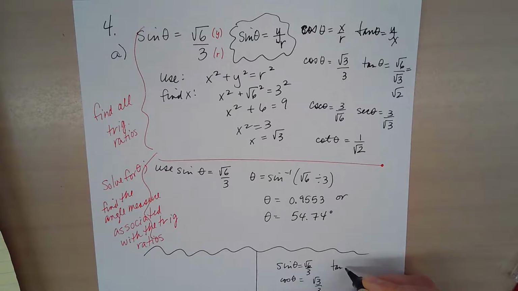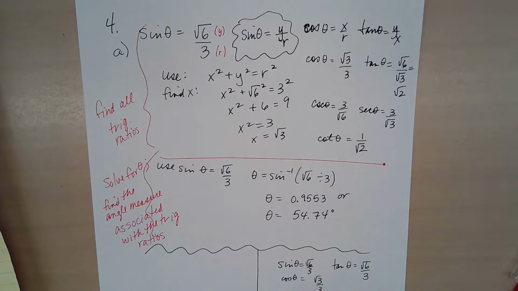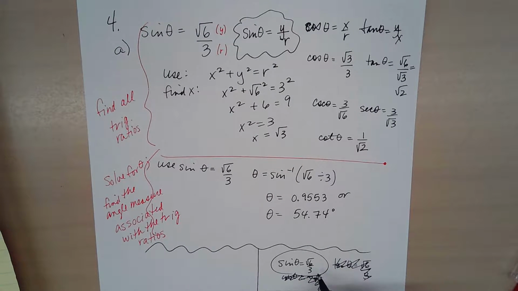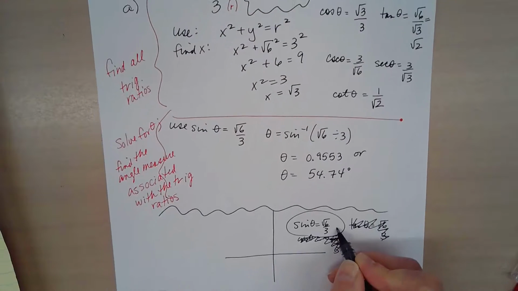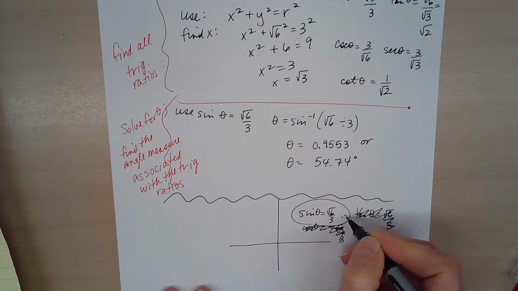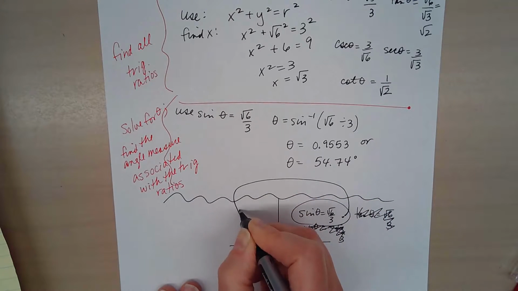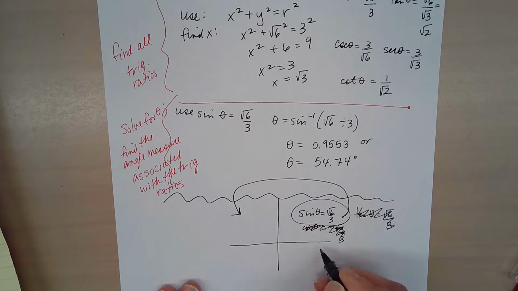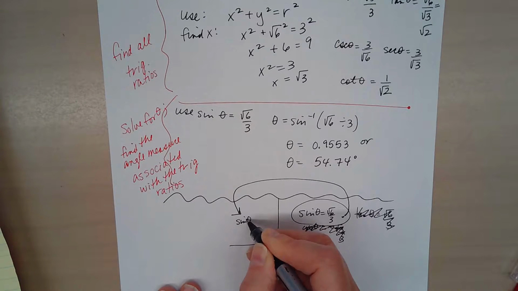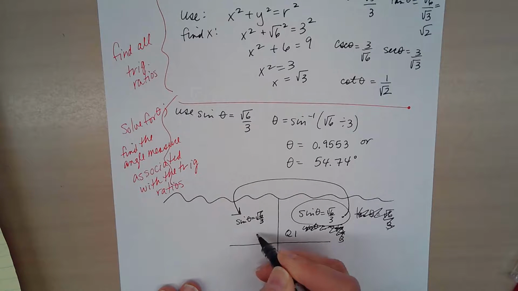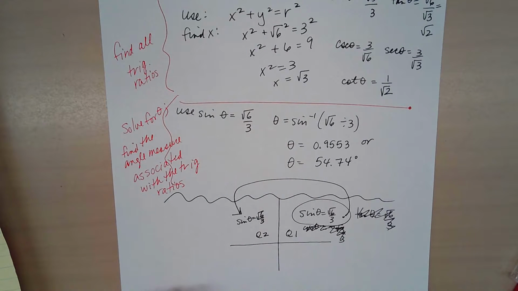Actually, hang on, I'm going to erase these, sorry. Sine of theta equals root 6 on 3, right? There's also another place in the quadrant system where sine of theta has the same value, equals root 6 on 3. My angle could have been in quadrant 1 and quadrant 2.